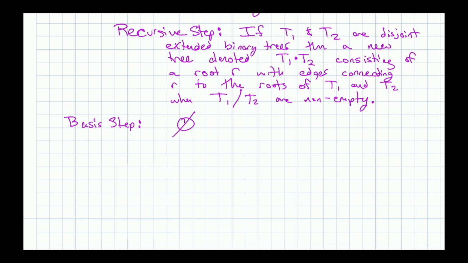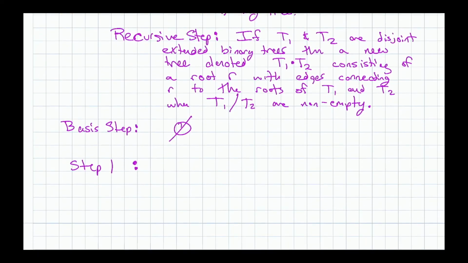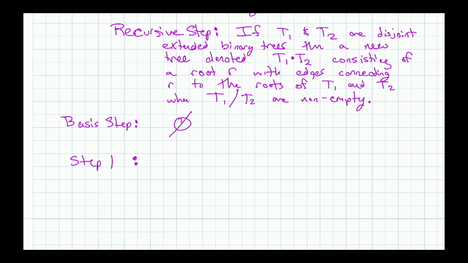Nothing. Okay. What do the step one binary trees look like? Well, let's follow the definition. All right. So we need T1 and T2 to be disjoint extended binary trees. Now, the only binary tree we have so far is nothing. So if you have nothing, so here's T1, and then you have another nothing, so here's T2, right here it is.